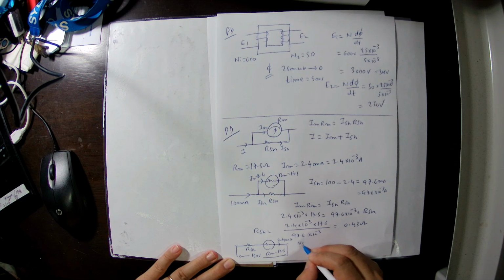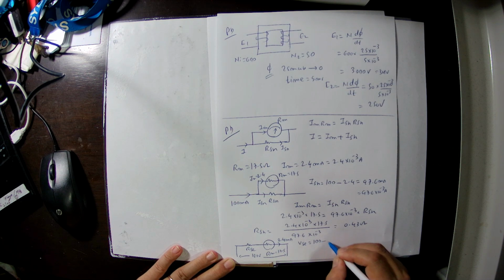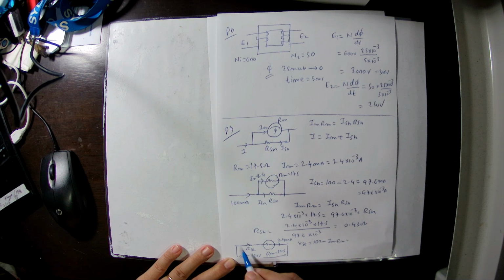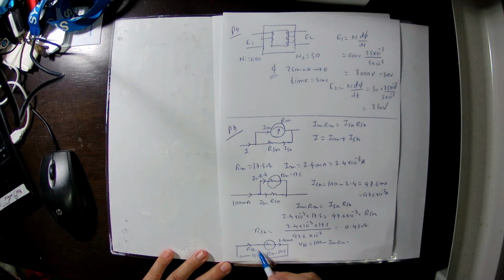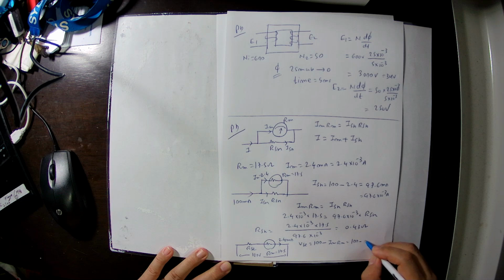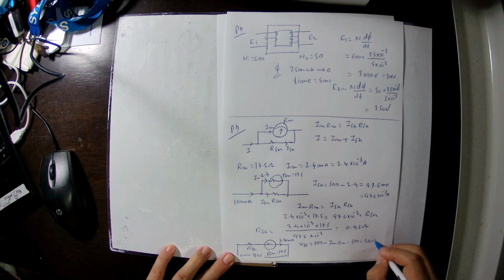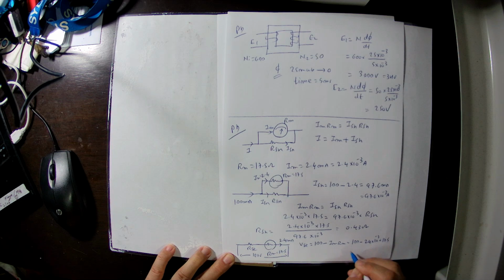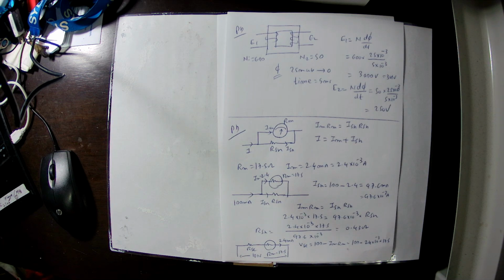VSE equals 100 minus IM into RM. So the total voltage drop minus the meter voltage drop gives the series resistance voltage drop. So 100 minus IM, the meter current 2.4 into 10 power minus 3, times resistance 17.5. 2.4 multiplied by 17.5 is 42 millivolts.